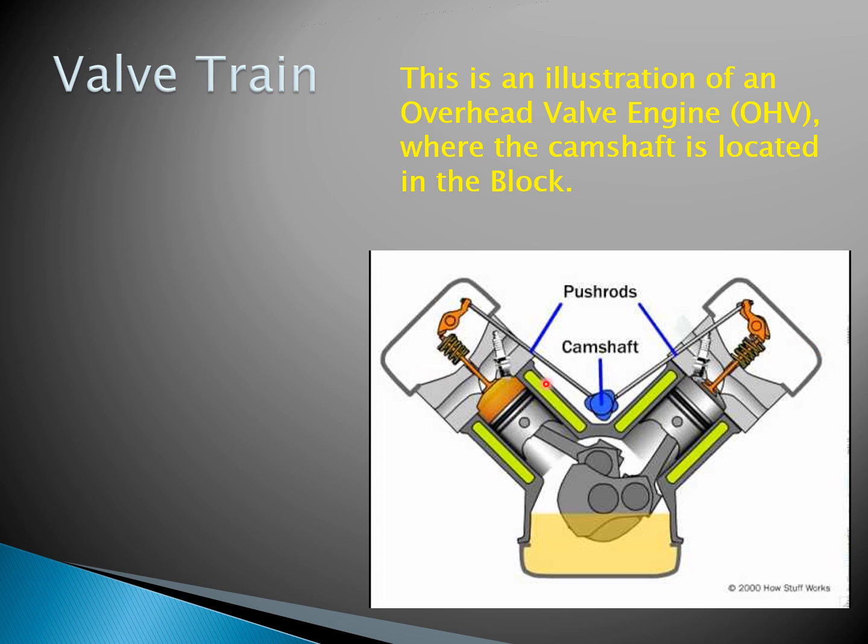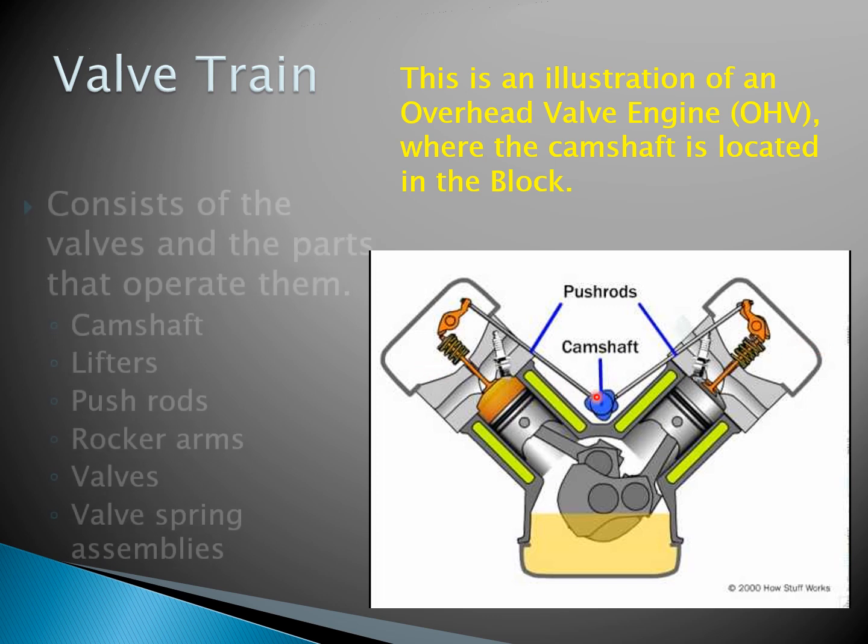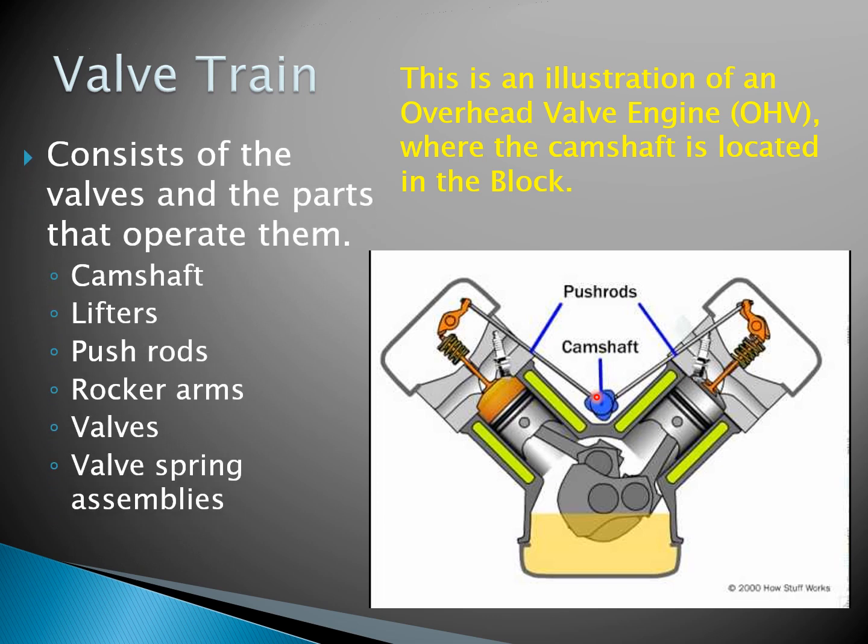But for this slide, we're looking at what consists of the valve train, and essentially it's everything that works in conjunction to open and close the valves. So obviously you're going to have your camshaft, and we'll talk about the camshaft a little bit later. In this illustration, you don't see lifters, but in an overhead valve scenario, you would.